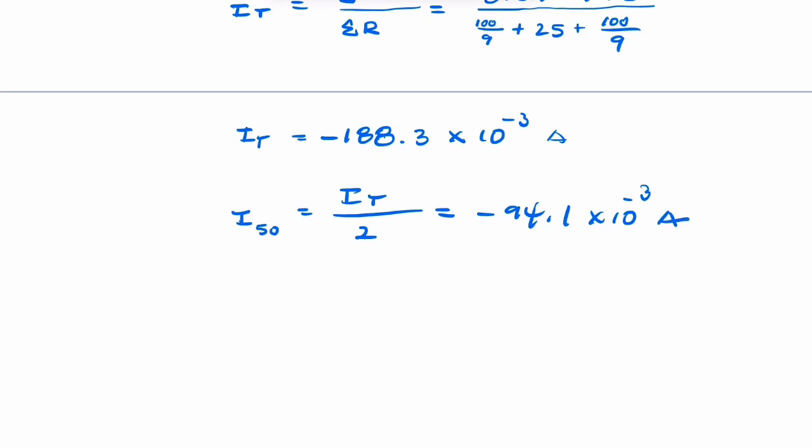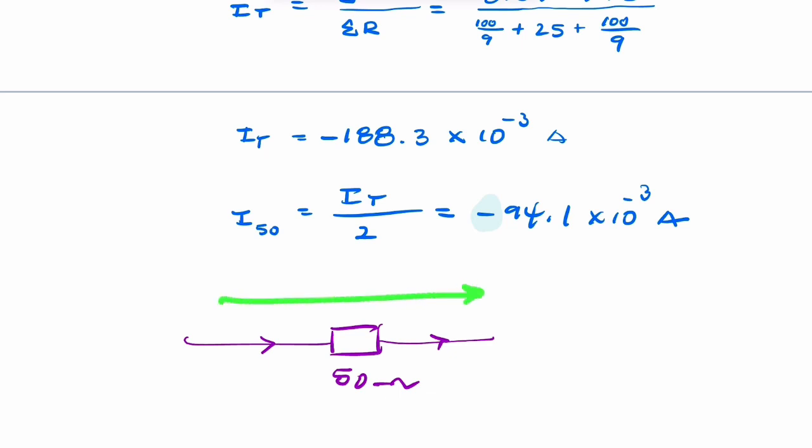Okay, now to deal with the negative sign, so what we have is a 50 ohm resistor and the current going in this direction is negative 94.